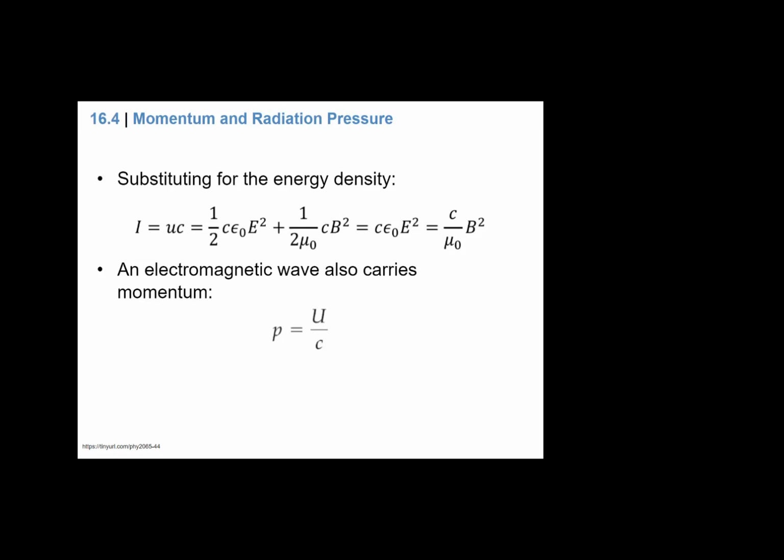Momentum will be equal to the energy divided by the speed of light, so total U over C. In that case, there's a pressure called radiation pressure on the surface, equal to force divided by area, where force is delta P over delta t. So this is delta U over C A delta t, because delta P is equal to delta U over C. That equals I over C, intensity divided by the speed of light.